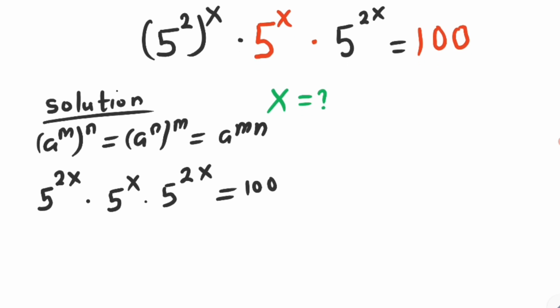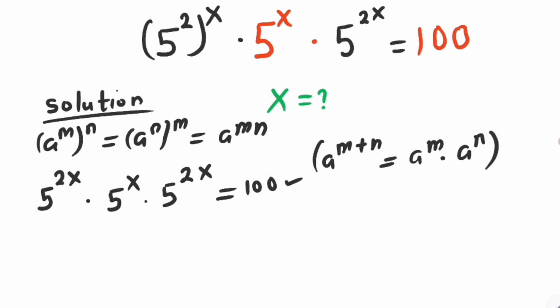Then take note of this, that if you have a raised to power m plus n, this is equal to a raised to power m multiplied by a raised to power n. Then this can be written as 5 raised to power 2x plus x plus 2x is equal to 100.